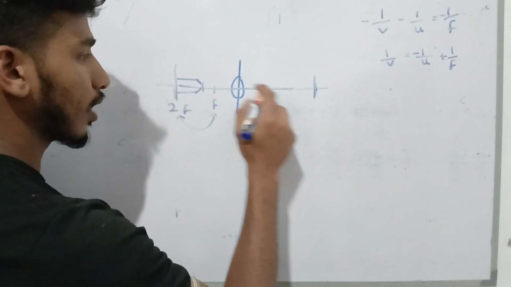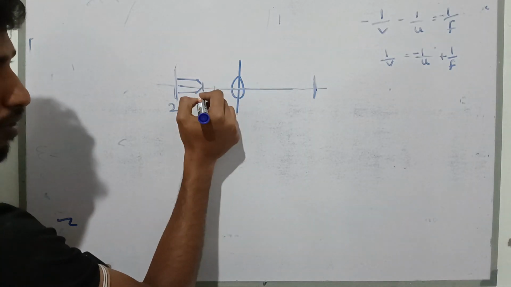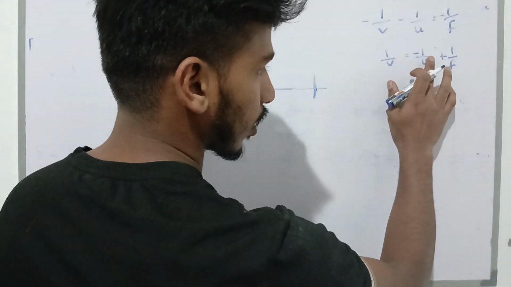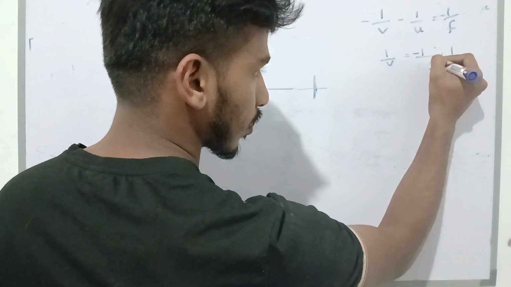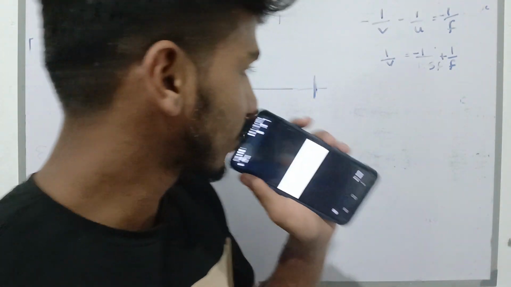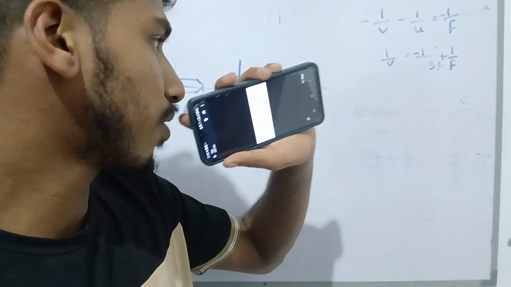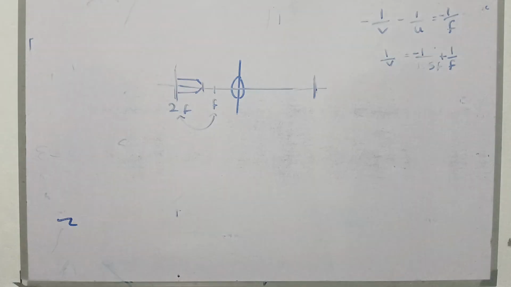Let's say my object distance is 1.5f, between f and 2f.